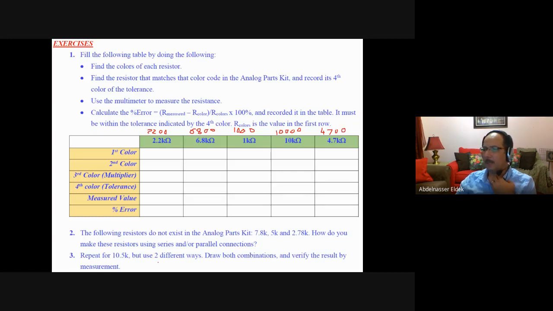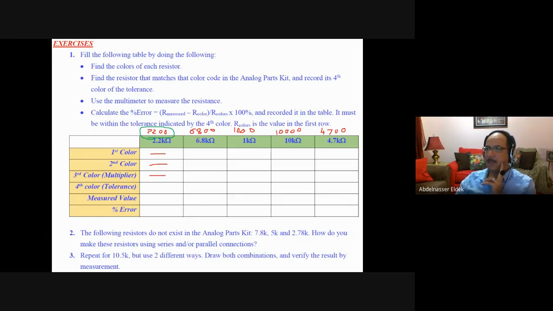Okay. And now you need to write the numbers, so find the colors. So for the first one, 2.2, the first color is red, second color is red, or let's just make it in bright colors. Okay, so the first color is red, second color is red, and third color is what? Number of zeros, 2 zeros, then it will be red also.